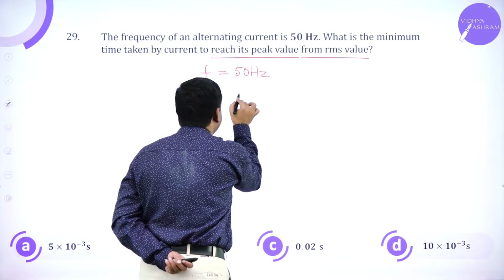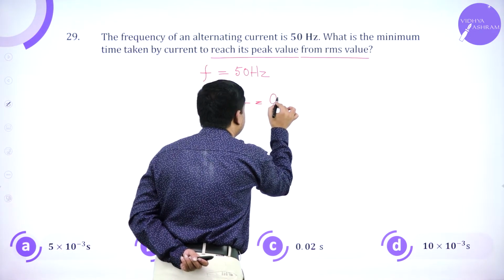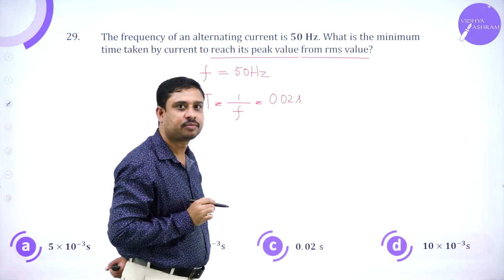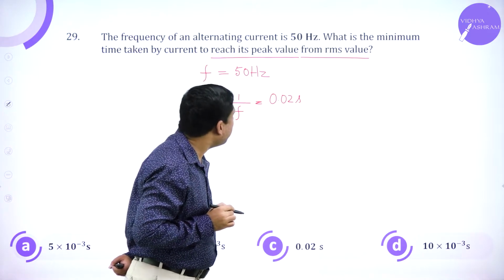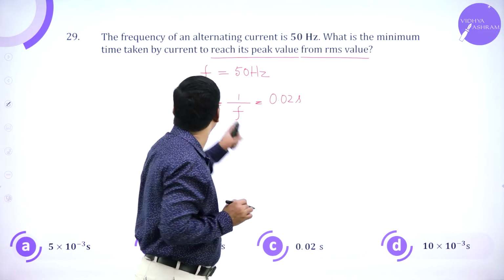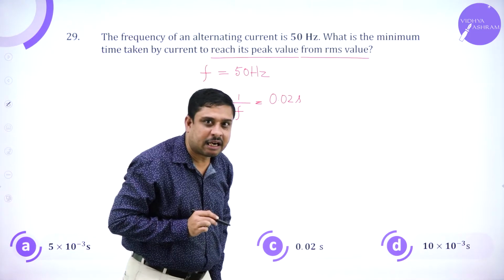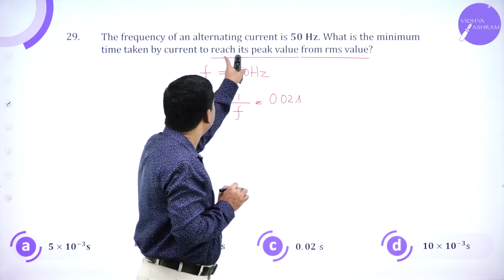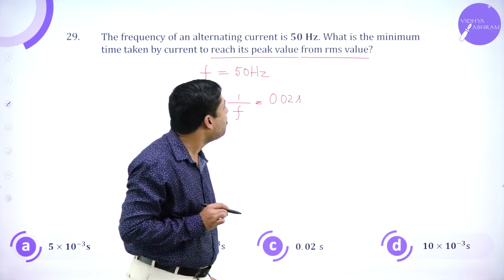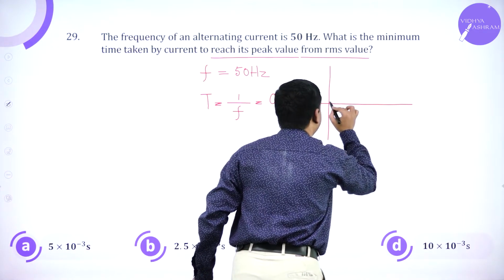So T is 1 by f, which is 0.02 seconds. But my question is, what is the minimum time taken by the current to reach its peak value from RMS value? Draw a sine curve.